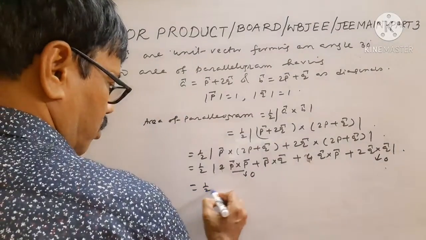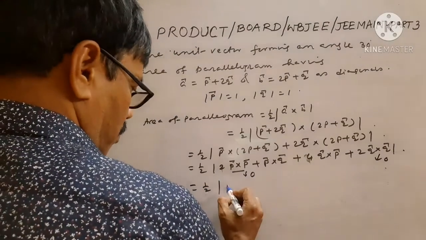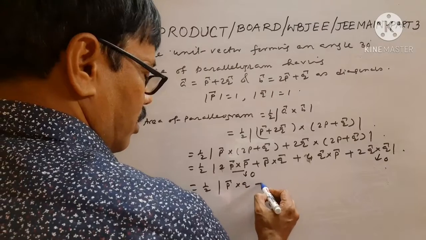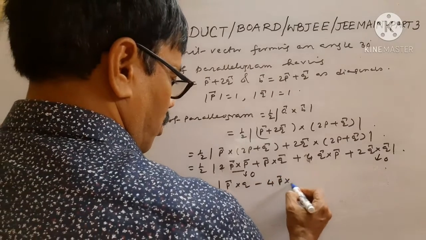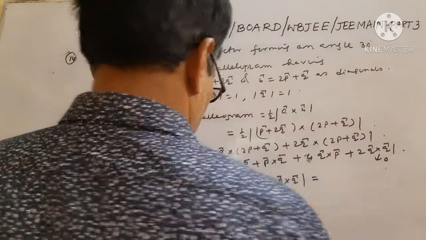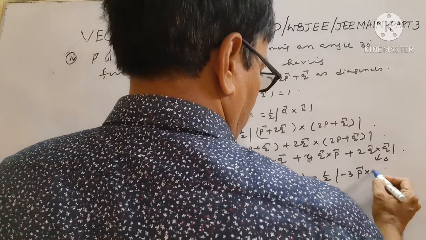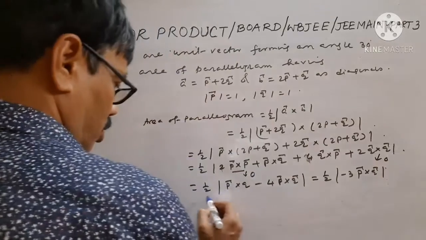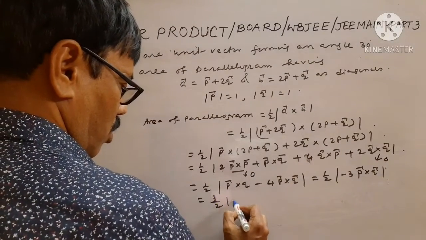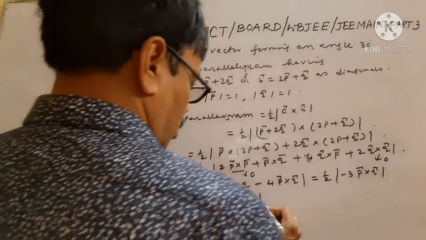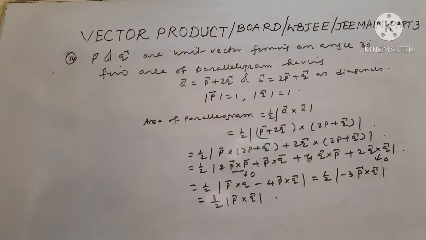So half of P cross Q, and this is minus 4 into P cross Q. So half of minus 3 P cross Q, so 3 by 2 mod P cross Q. The minus is absorbed.